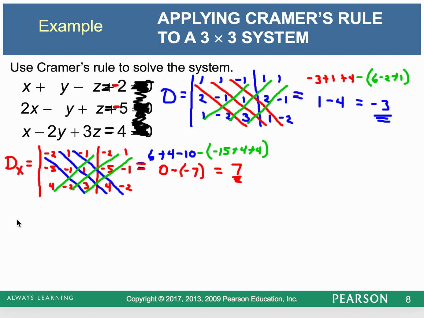Okay, then we're going to do D sub y by replacing our y column with the answer column. So x stays the same, 1, 2, 1. Okay, y's get -2, -5, 4. Z's the same, -1, 1, 3.